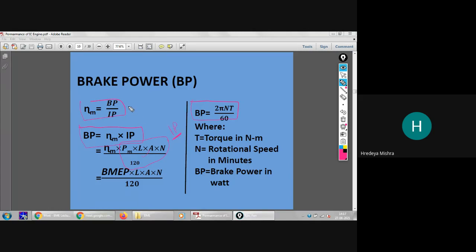So three main formulas: mechanical efficiency; brake power if we know the indicated power and mechanical efficiency; and if we know the torque and engine speed, then we just put in this formula to calculate the brake power.